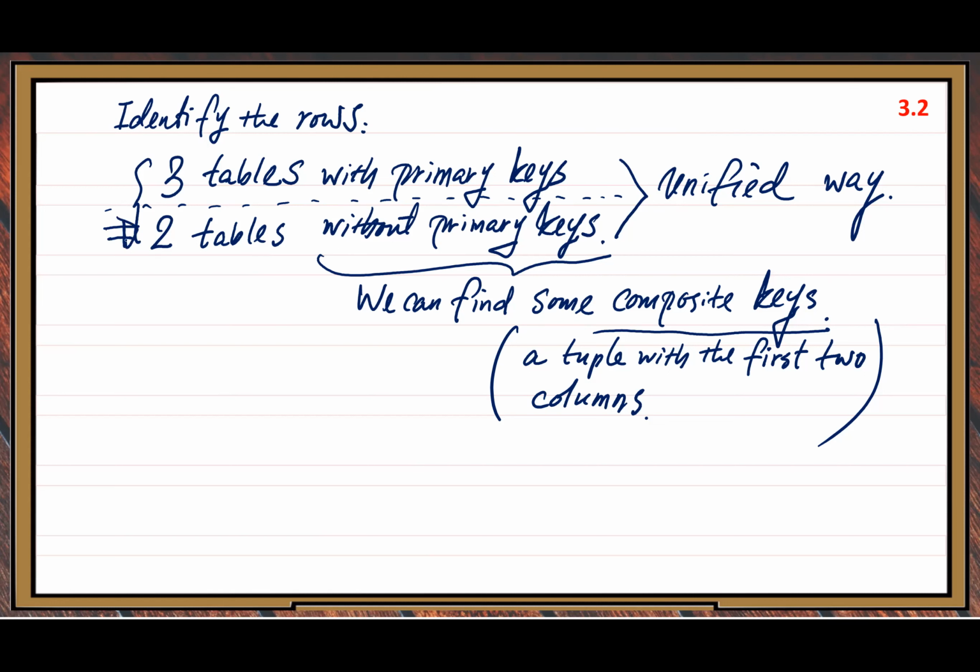That's simple. That's the observation. So we find this property. With that property, my unified way is pretty straightforward.